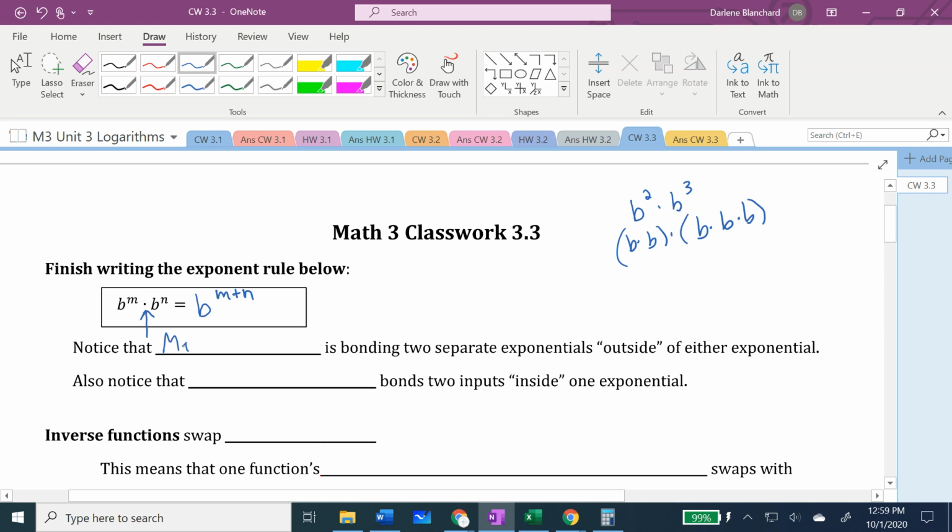So very important. Notice that multiplication is bonding two exponentials outside of them. Now, what operation is going on inside of the one exponential that happens to be the same thing? Addition.